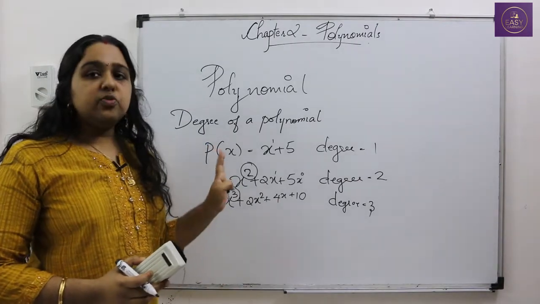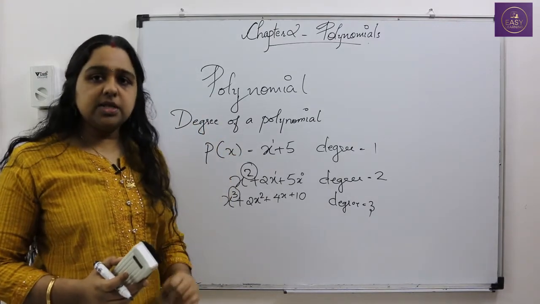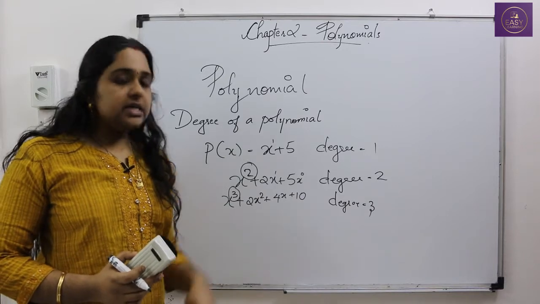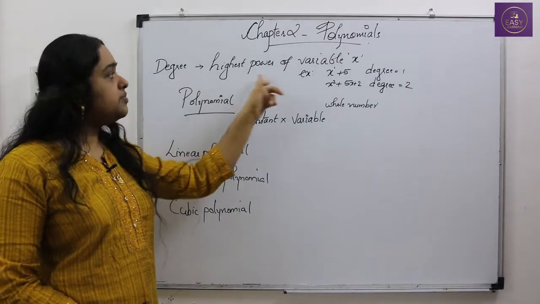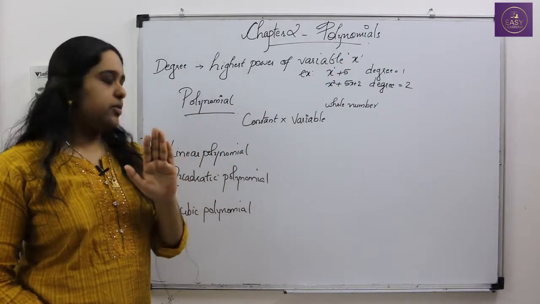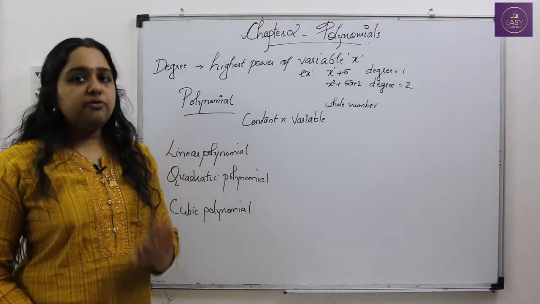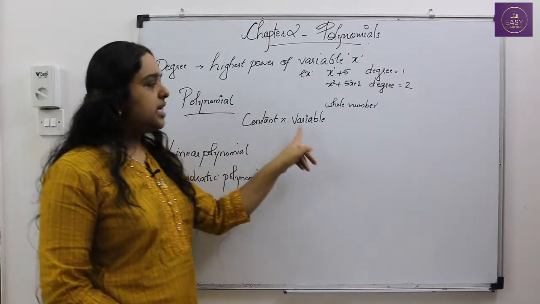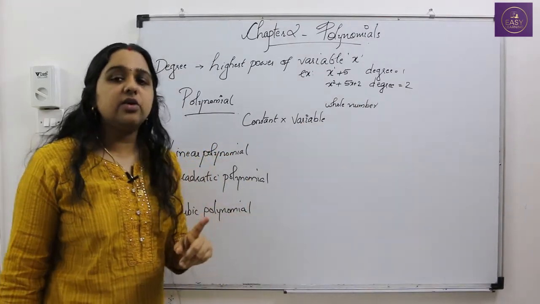Okay, let's move on to our next topic, the different types of polynomials which we are dealing with in this chapter. Degree is the highest power of variable x. We already studied that. Now, a polynomial's general form is a constant times a variable raised to a whole number. That's the main thing you have to remember.